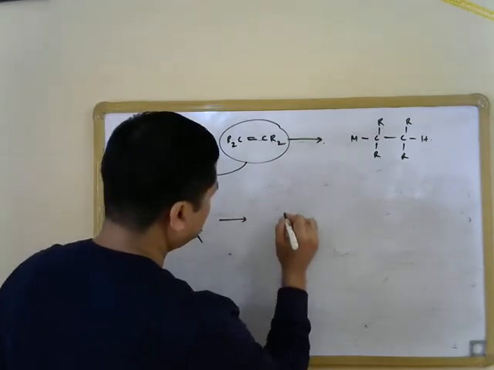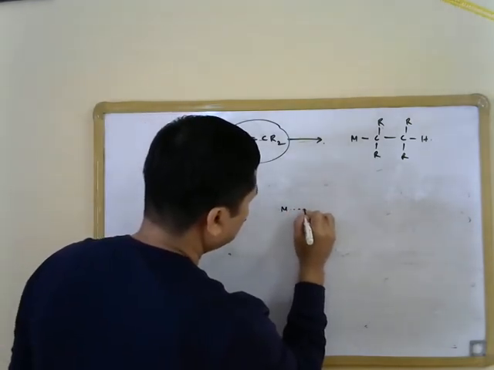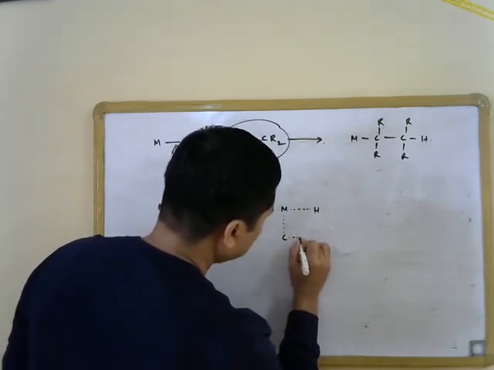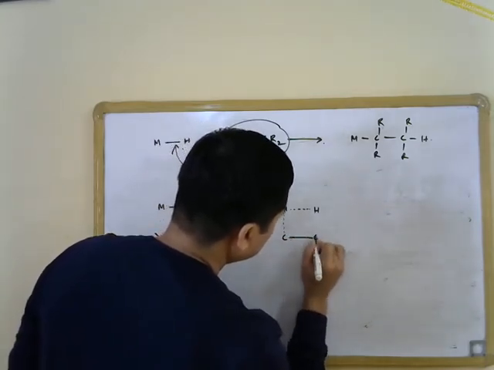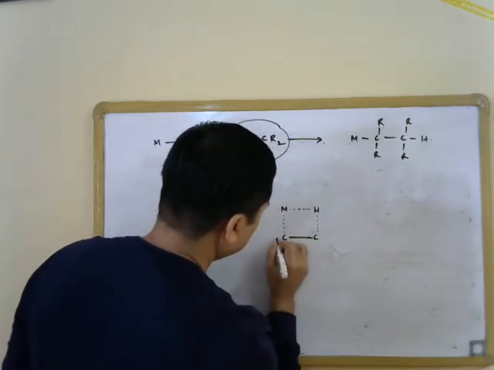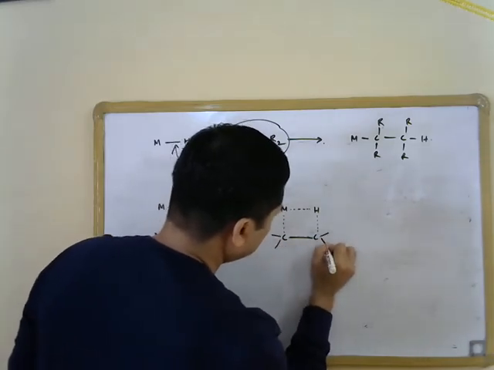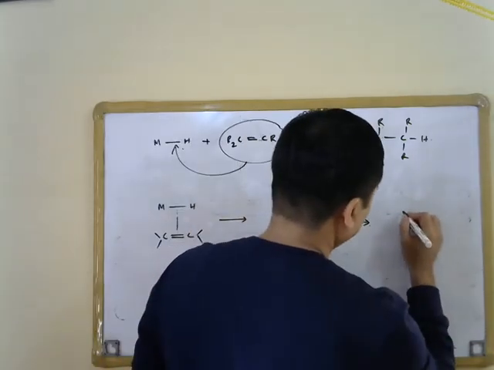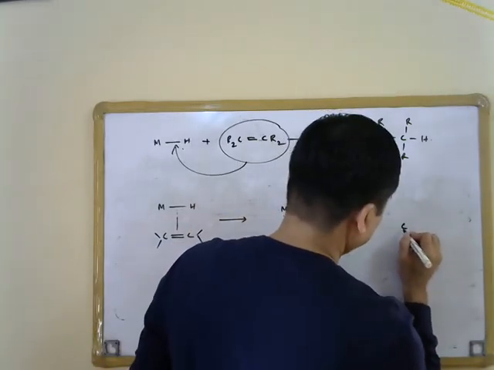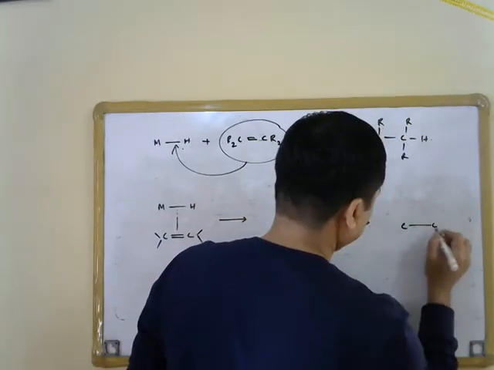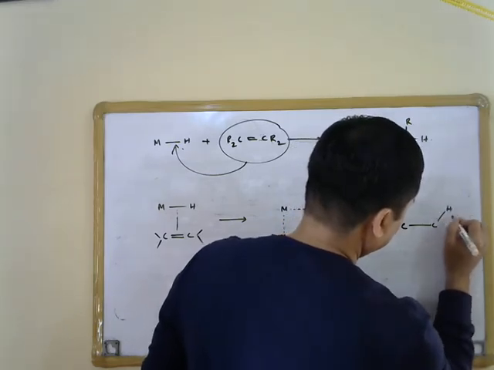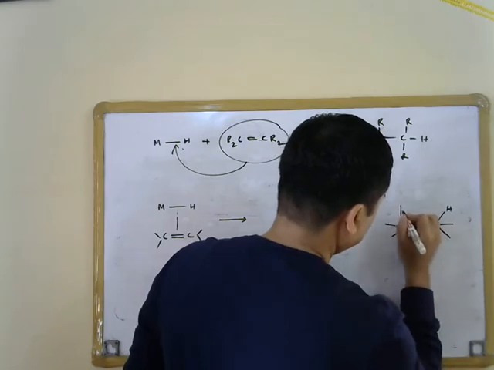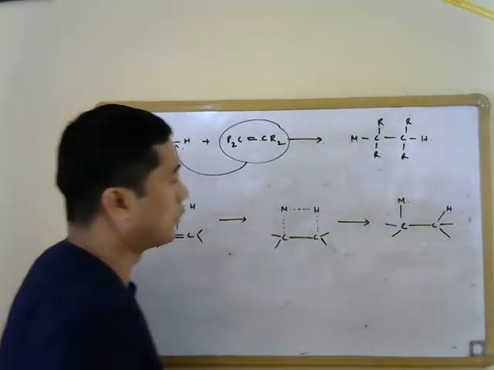This essentially gives us a four-centered intermediate to finally give us the product, that is M-C-C-H. This is how we obtain the product.